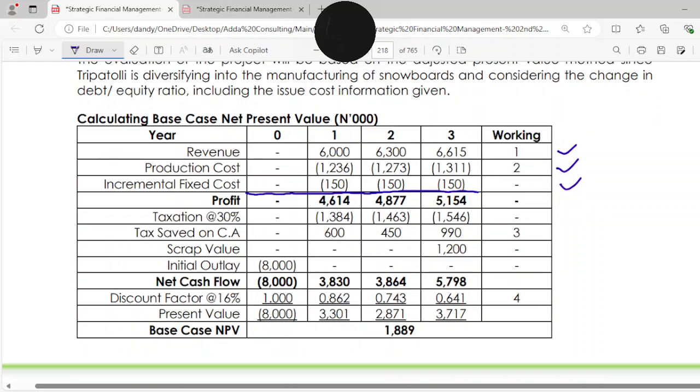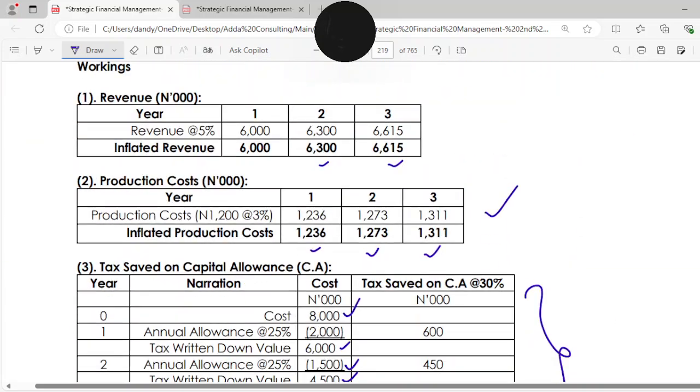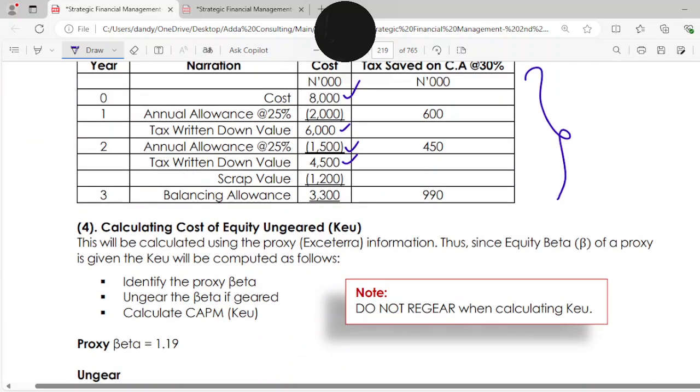So if that is the case, the tax written down value at the end of year two minus 1,200 will give me 3,300. So when the tax written down value from the preceding year is higher than the sales proceeds of 1,200, the difference is called balancing allowance.